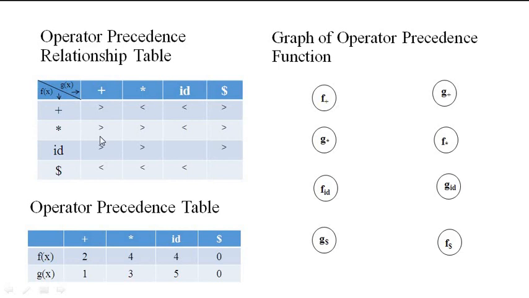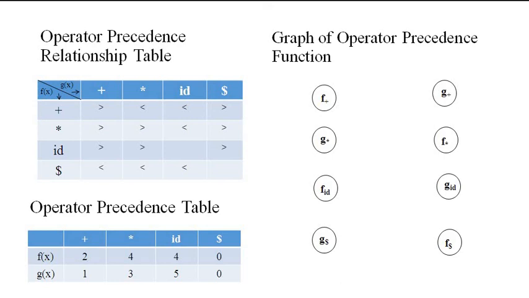Sometimes, with the greater than, less than or equal to sign, you may put a dot into this relation. So this plus is greater than this plus because both plus have the same priority. In your equation, any relation is scanned from left to right.